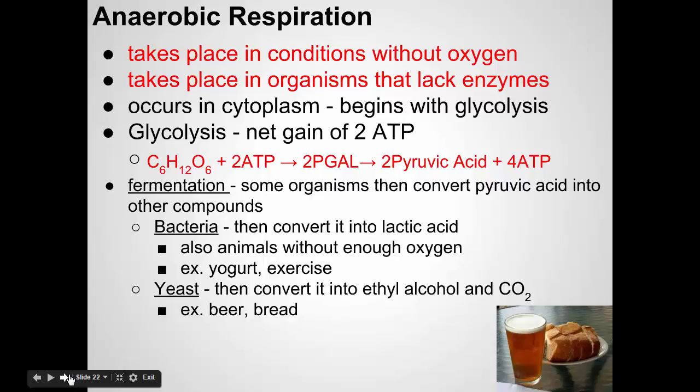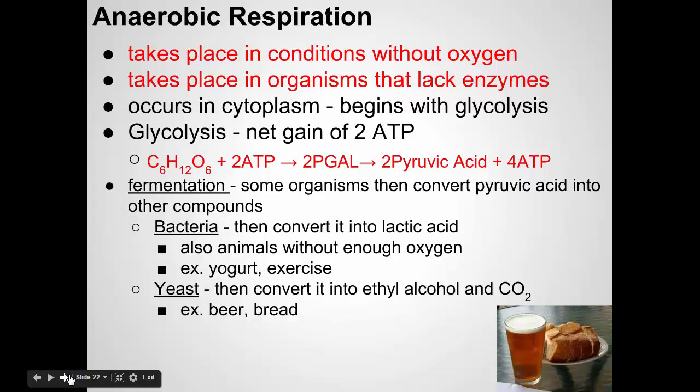And so some examples, bacteria. If you ate some yogurt this morning, if I look on the container of this Chobani, what I'll see here, it says contains live and active cultures of S. thermophilus, L. bulgaricus, L. acidophilus, bifidus, and L. casei.